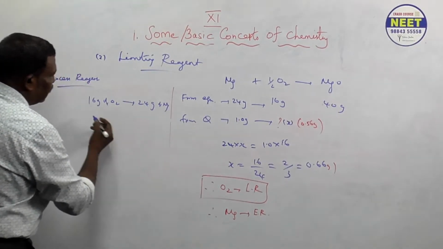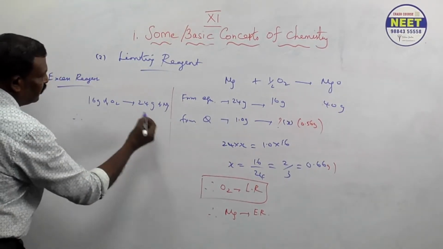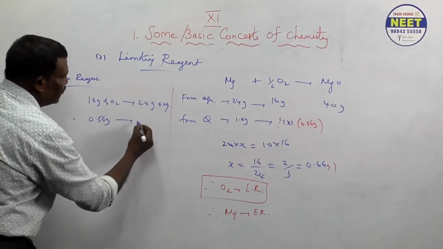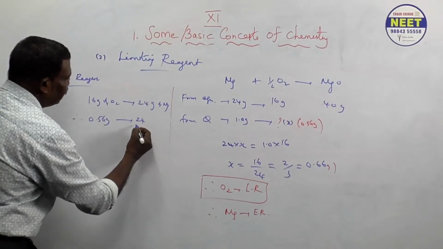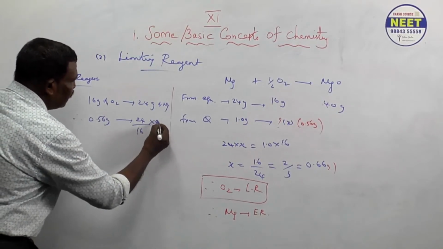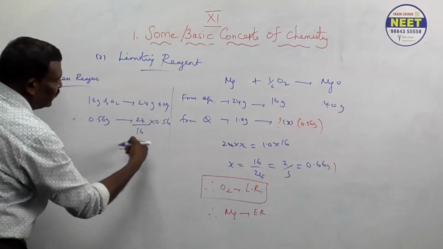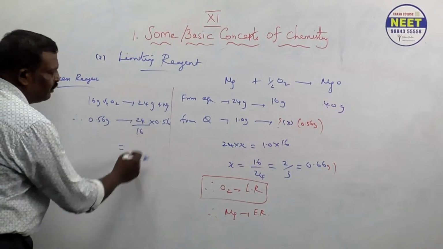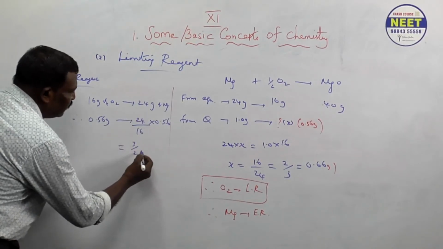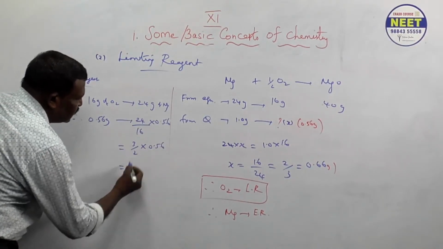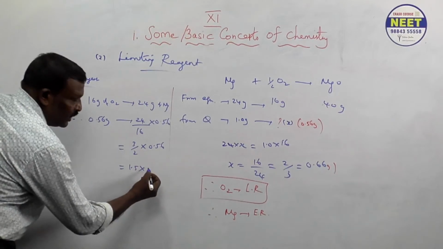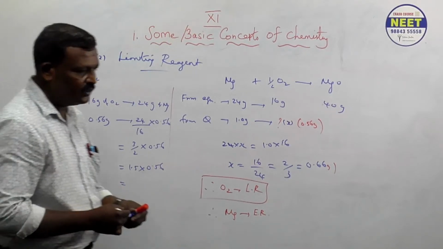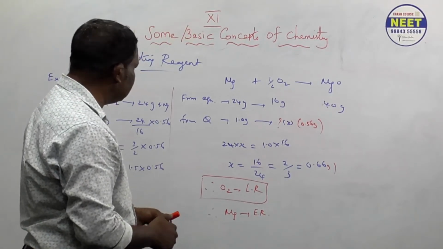Therefore 0.56 gram is given here; 0.56 gram reacts with how much? So 24 by 16 into 0.56, that is 3 by 2 into 0.56, which is 1.5 into 0.56.